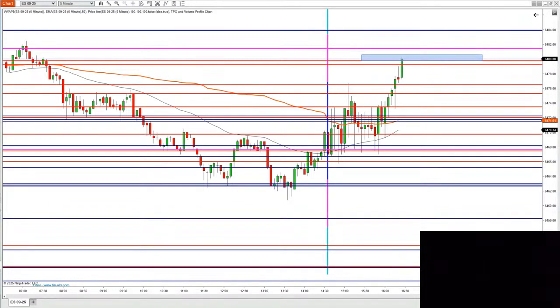Done. Superb. That's a clean playbook trade for open test drive, an inside range open.